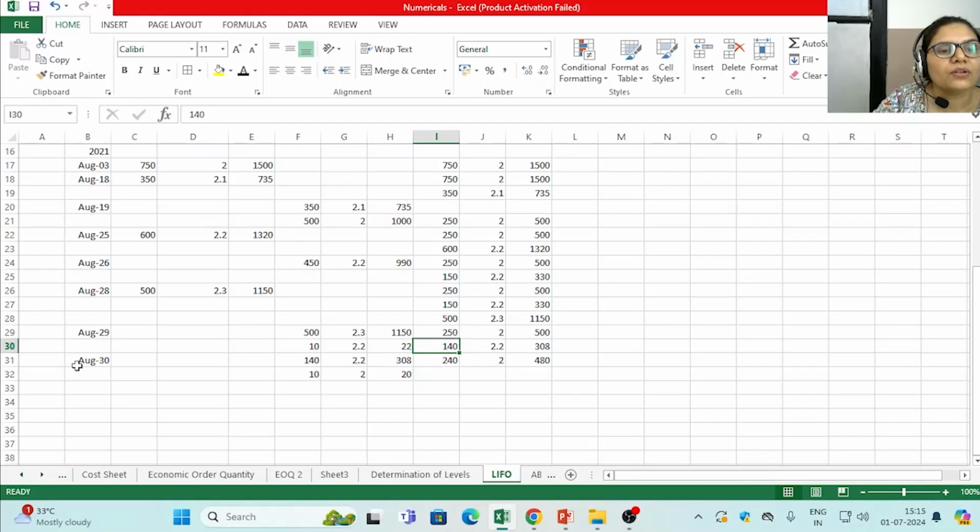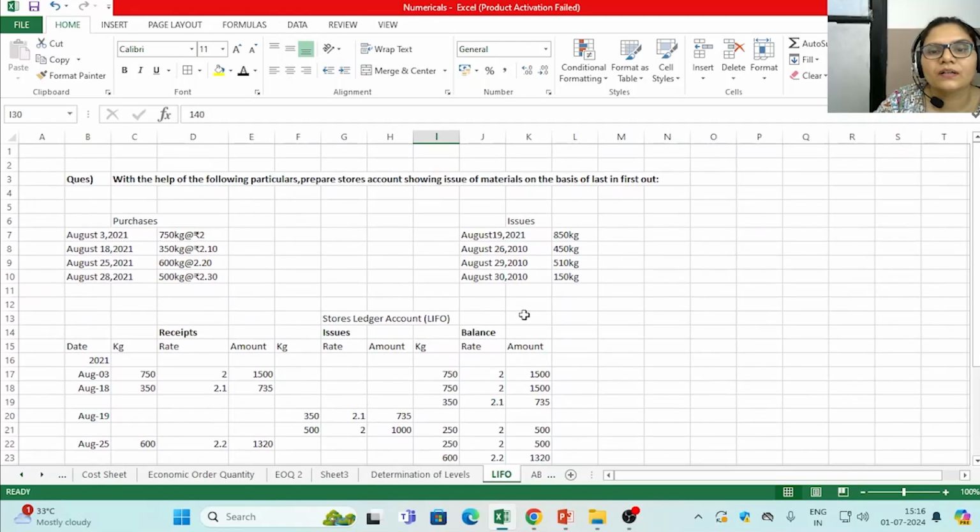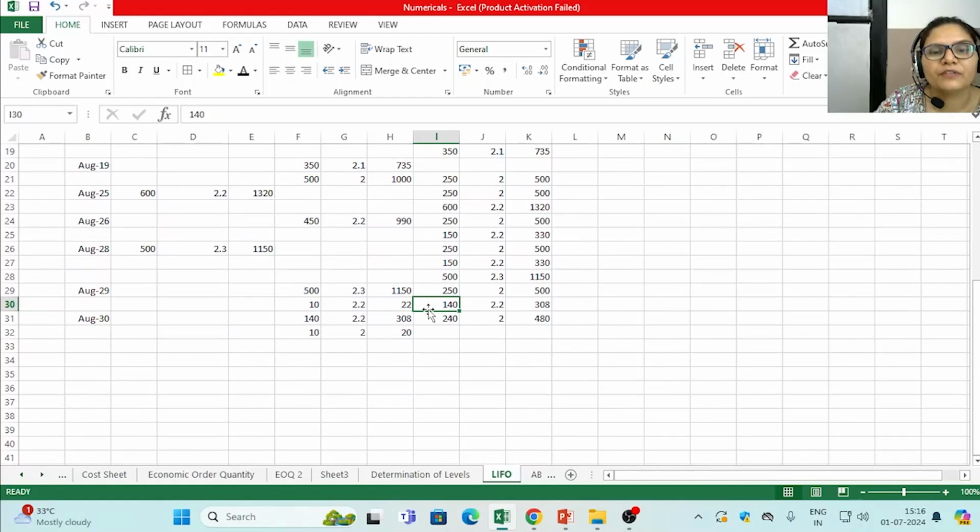Now next on August 30, 150 units were issued. Out of 150, 140 will be issued from these last purchases, that is 140 into 2.2, and the remaining 10 will be issued from the second last purchases, that is 250.